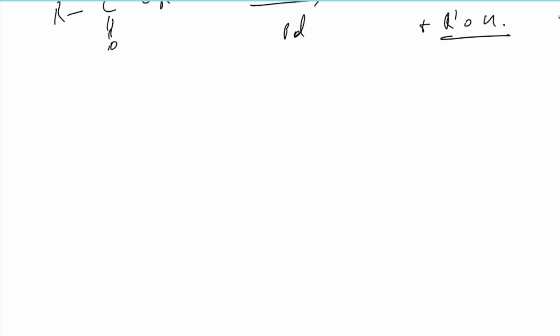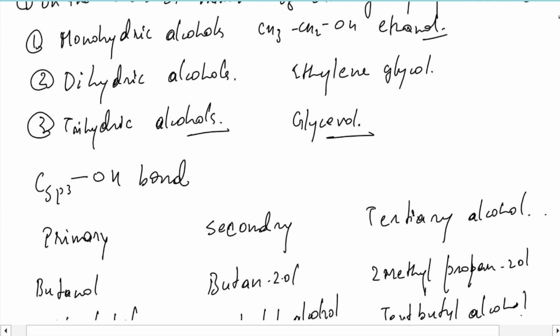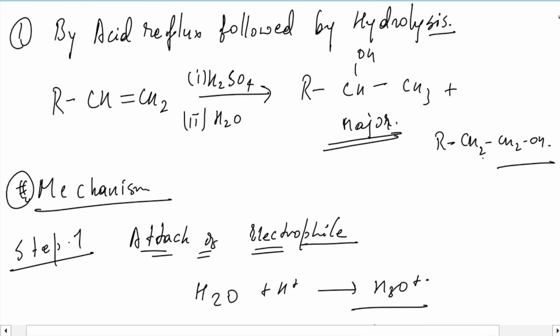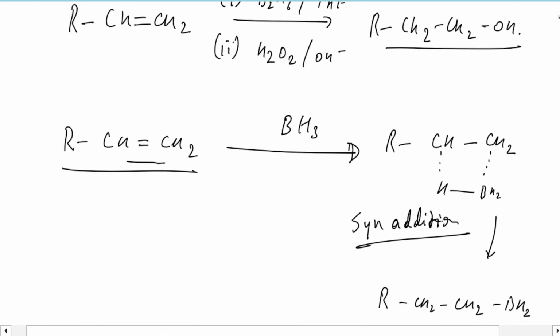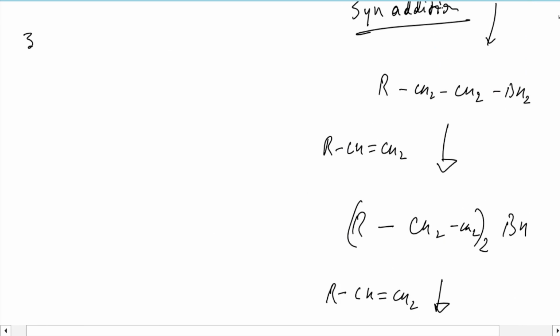Then one more reaction we have, that is for Markovnikov addition only, but in that rearrangement does not occur, and that reaction is oxymercuration and demercuration. That also we can write here. From alkenes we wrote two reactions. One is acidic hydrolysis and second one is hydroboration oxidation. Third one we can write here is oxymercuration demercuration.